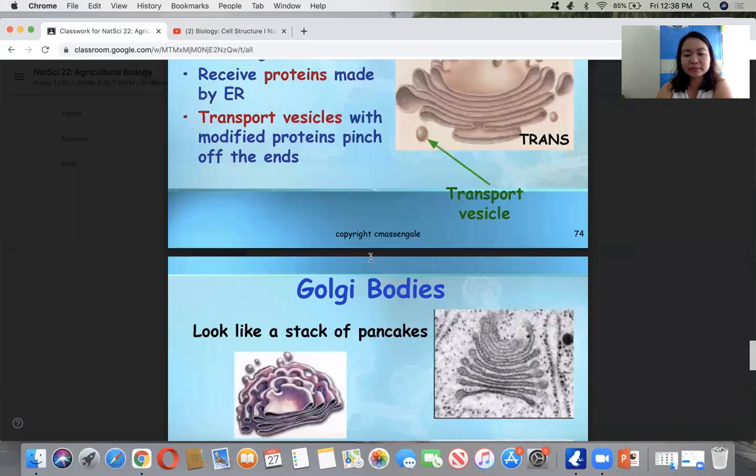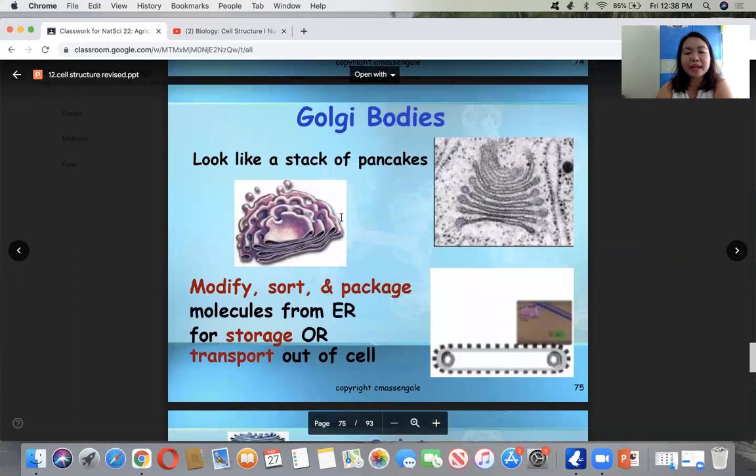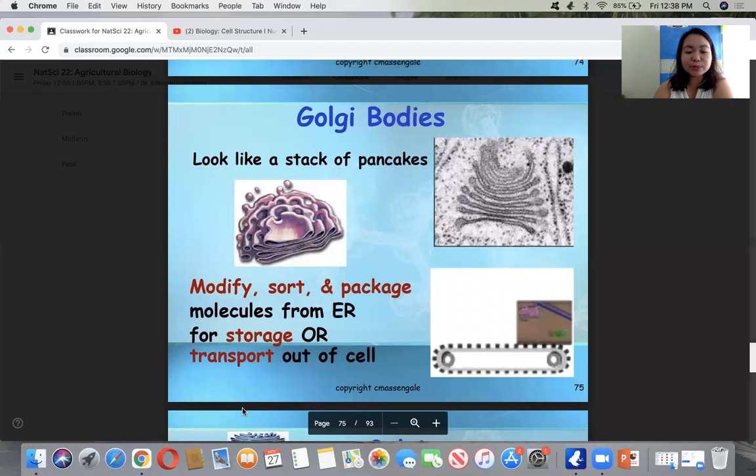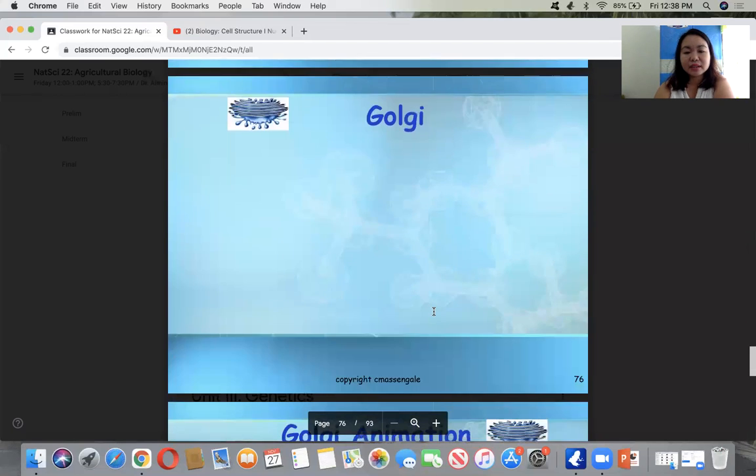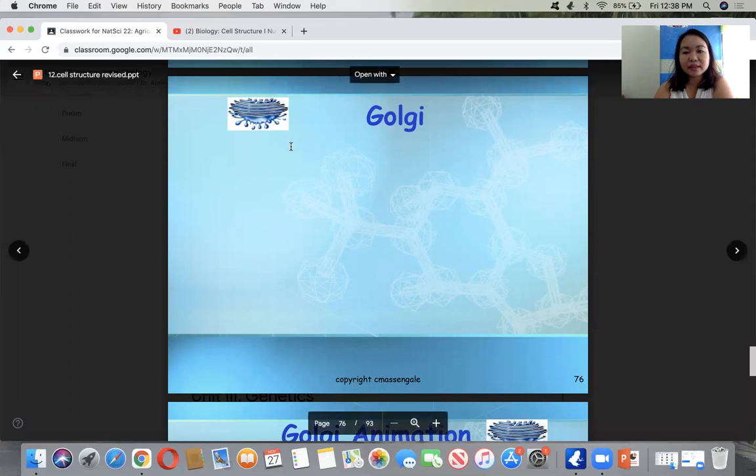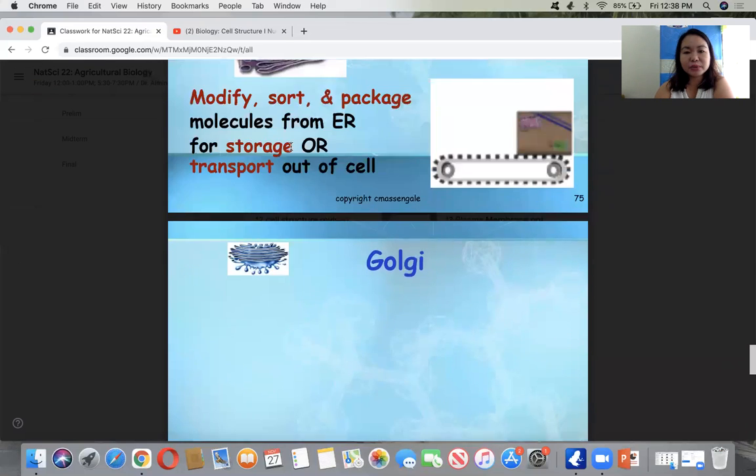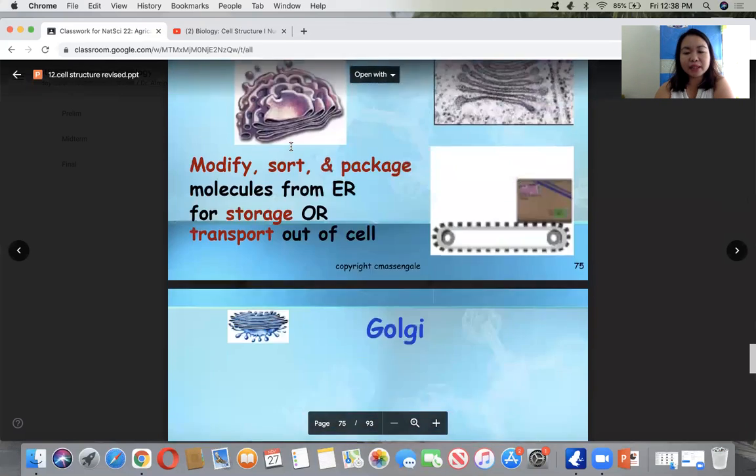So the Golgi bodies look like a stack of pancakes, as shown in the figure, and they modify, store, and package molecules from the ER for storage or transport out of the cell. So this is the Golgi, the stack that looks like a stack of pancakes.